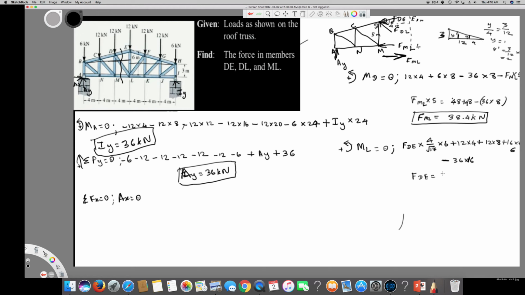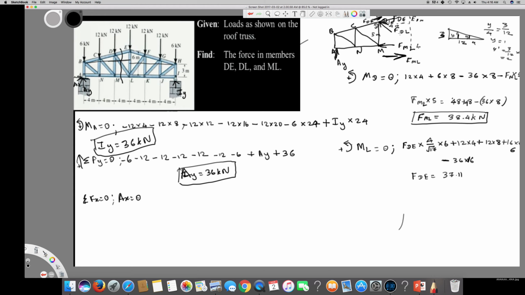So FD comes out to be 37.11, and it's a negative answer. Therefore, we know our assumption is wrong and the direction is on the opposite side. This is going away. So this is the original FD direction.